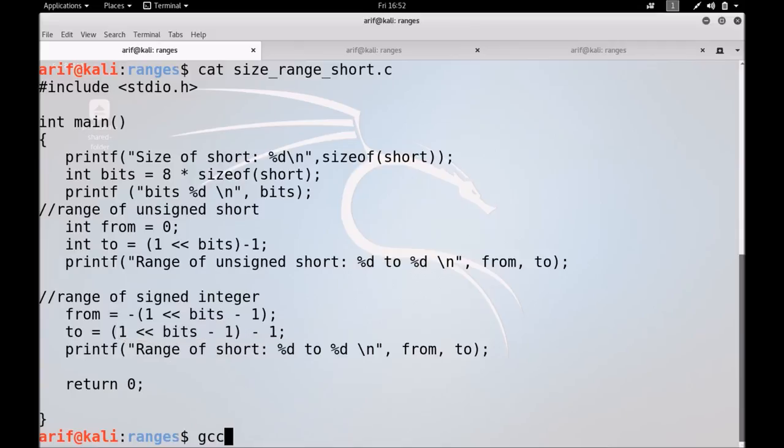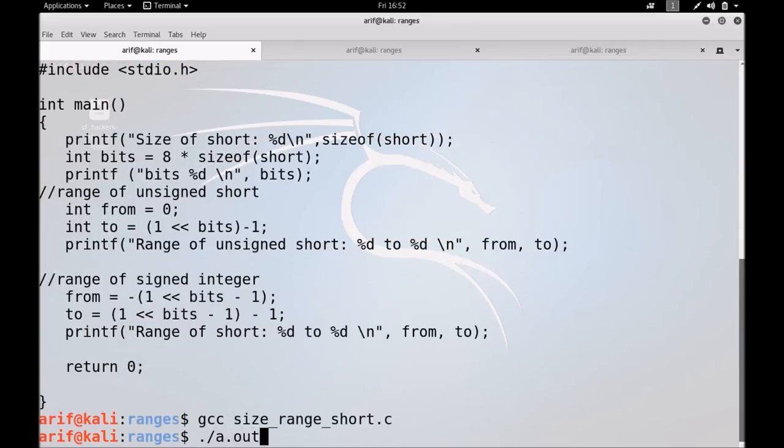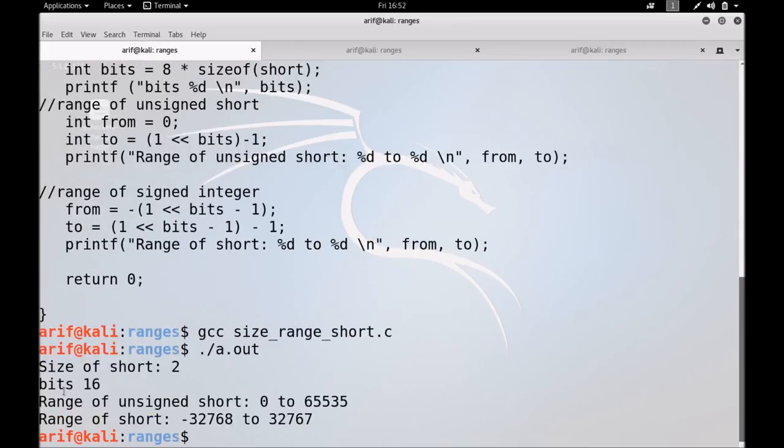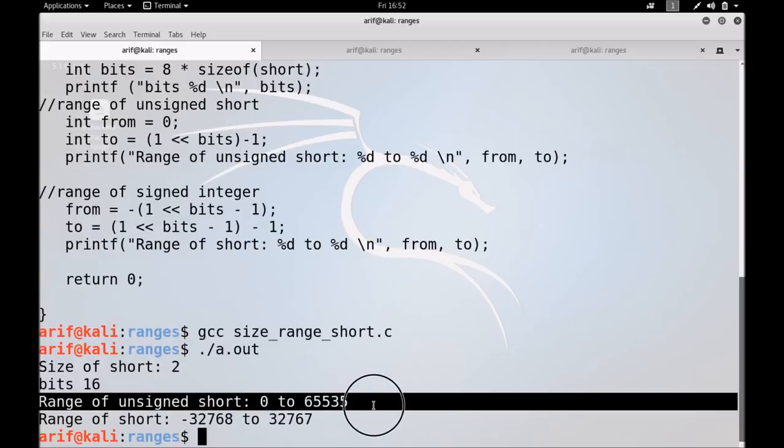Let me compile this program. You can see we have 16 bits for short, and the range for unsigned short is 0 to 65535, and the range of signed short is this.